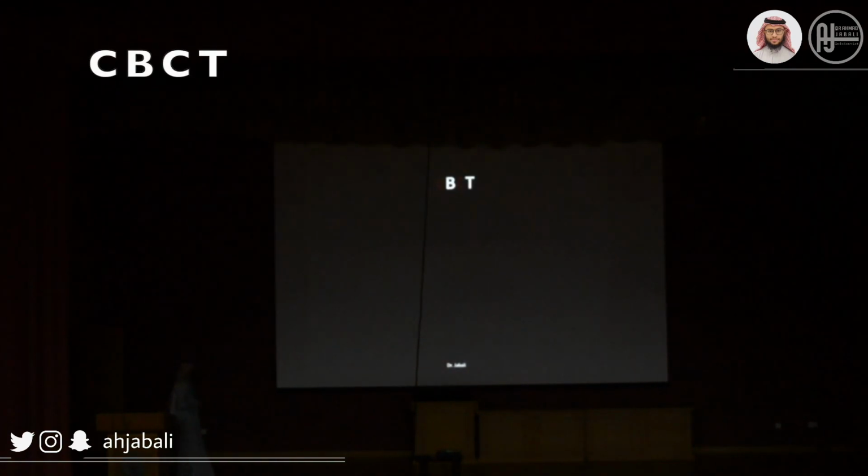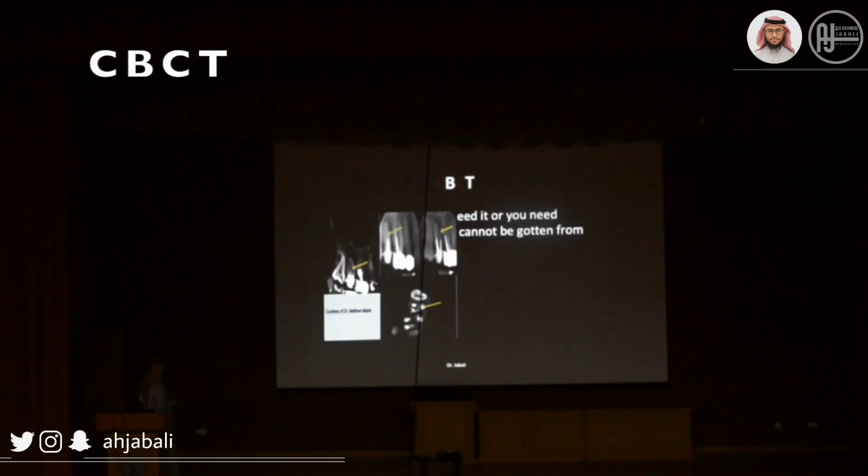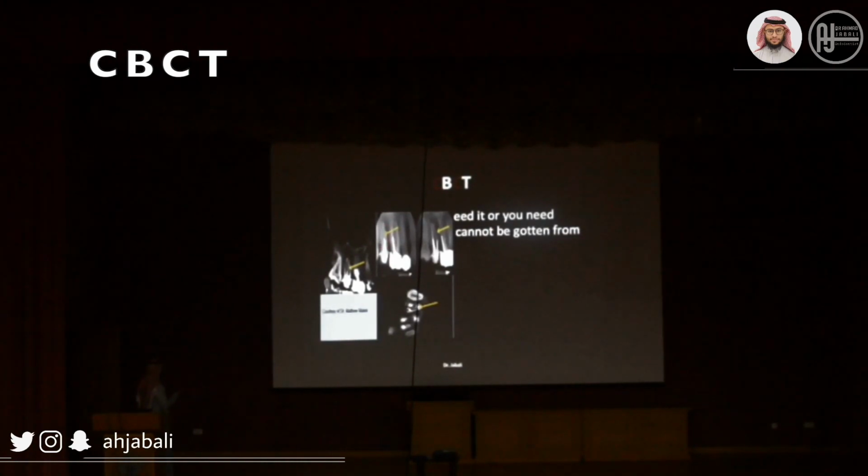But regular or conventional X-rays are not enough. So we have to take CBCT in some cases. So like in this case, this is periapical X-rays, conventional X-rays. It's not clear if there is a fracture or not.